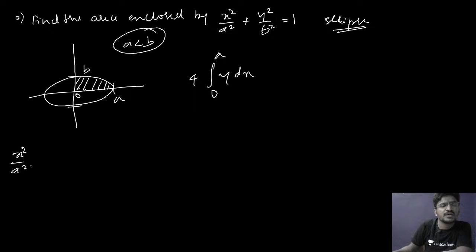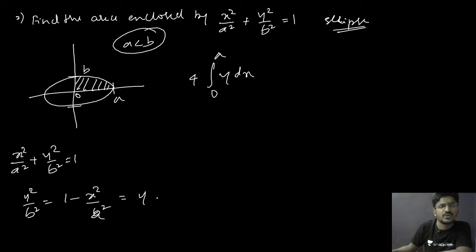So x square by a square plus y square by b square equal to 1. Now y square by b square equal to 1 minus x square by a square. So y square is going to be equal to b square into 1 minus x square by a square.